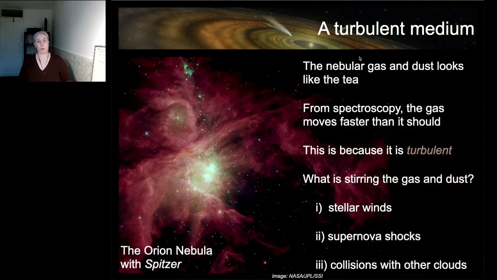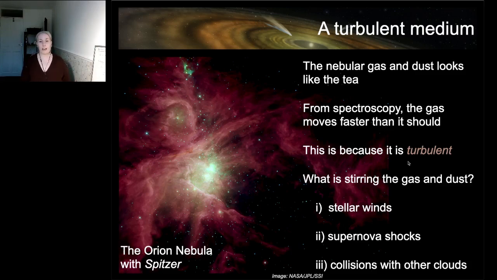So, when we look at these nebulae, these clouds of gas and dust in star-forming regions, the gas really looks very much like the tea. So what we're looking at is a turbulent medium. And we know it's turbulent because when we take spectroscopic observations of these regions, we can see that the gas is actually moving faster than it should for the temperature that it's at.